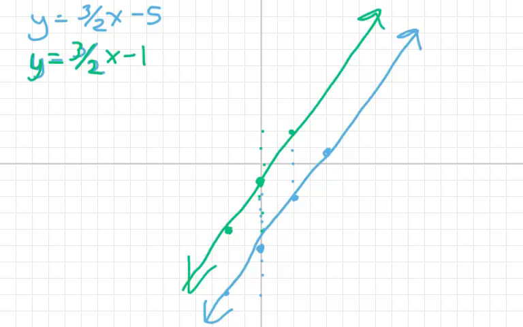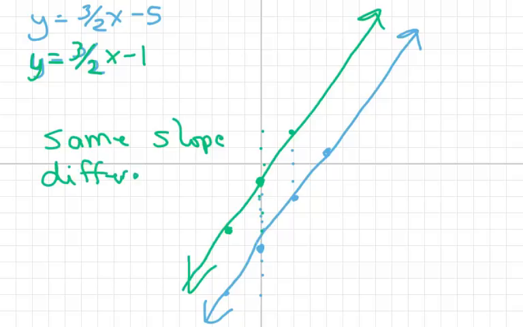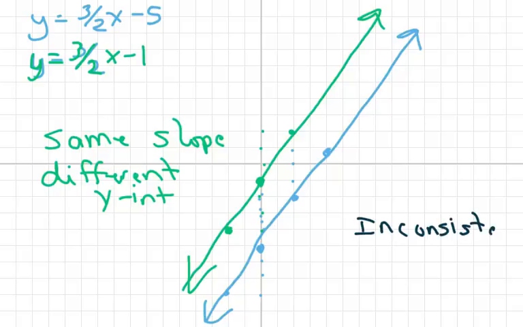That means we have the same slope, but different y-intercepts. That means we have an inconsistent system. And there's no solutions because the lines never touch or intersect or coincide.